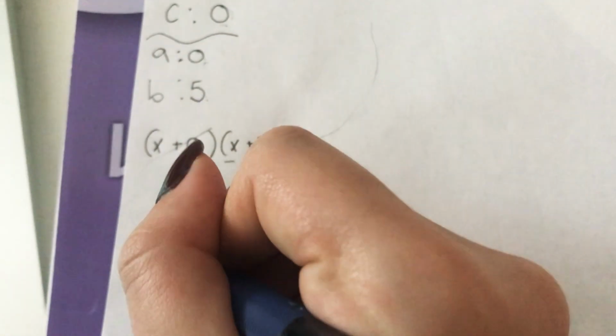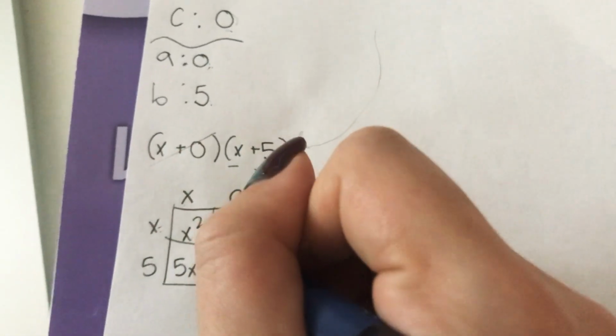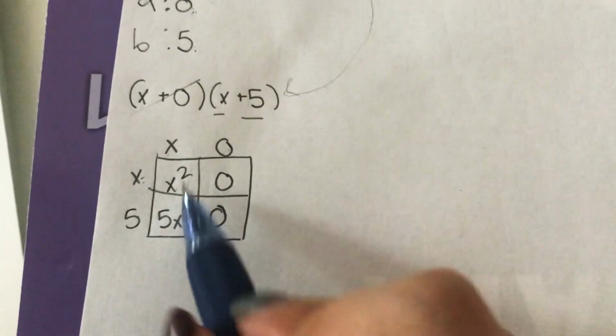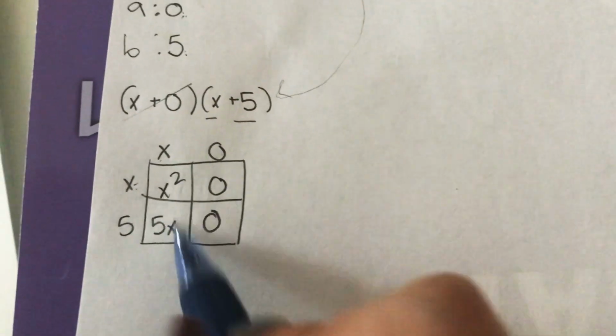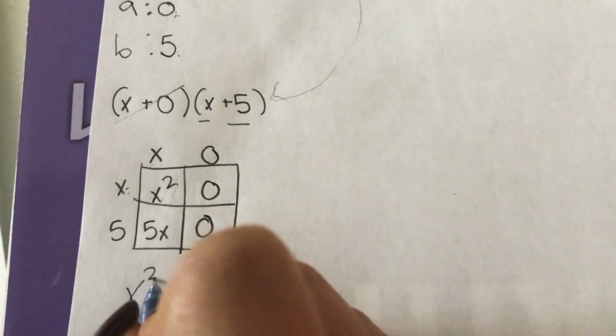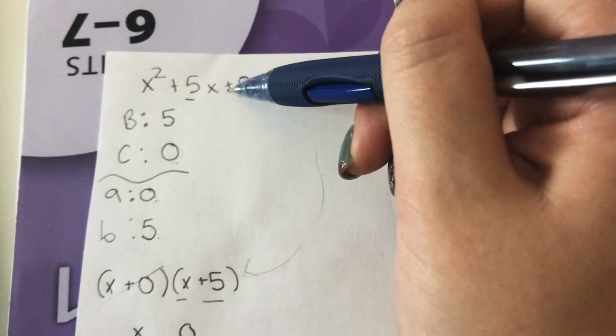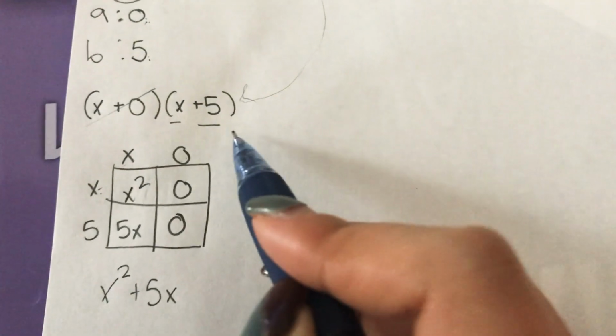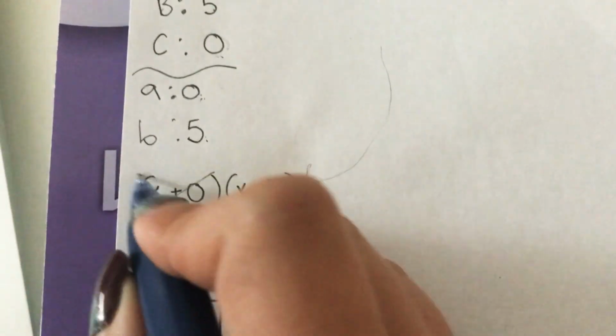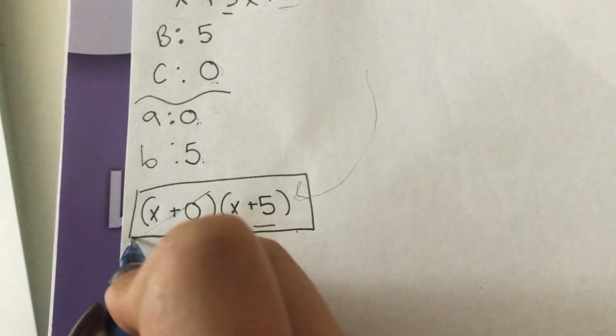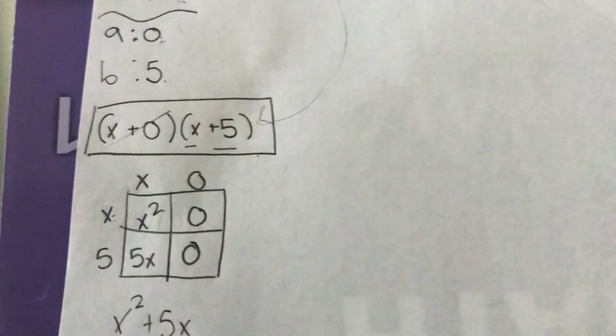X times x is x squared, x times 0 is 0, x times 5 is 5x, and 5 times 0 is 0. When I combine the two terms here, neither are like terms, I get my final answer, x squared plus 5x. And it matches what I had up here, x squared plus 5x. So my final answer of factored form was correct.